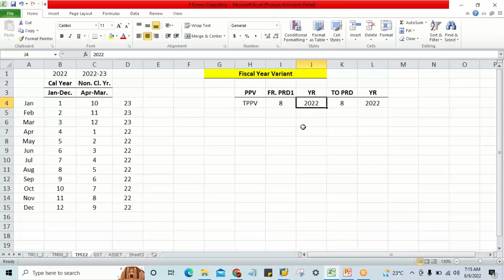Now someone tell me, guys, January: which period and which year is supposed to be open? 10th and 23. Repeat again, guys, what you said? 10th, I can understand. 2023. That is the reply from Lakshmi. Any other response, guys? 10th and 23.